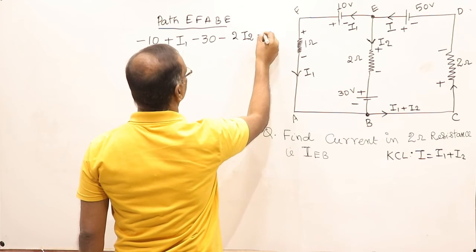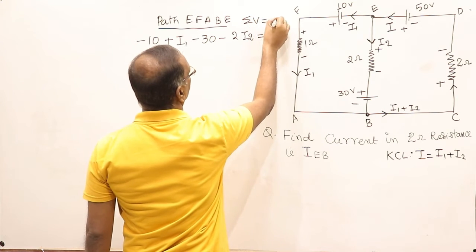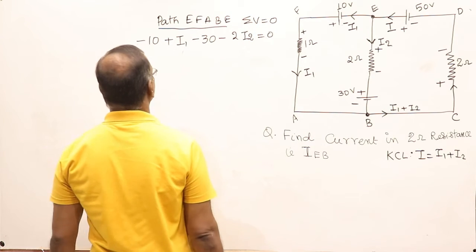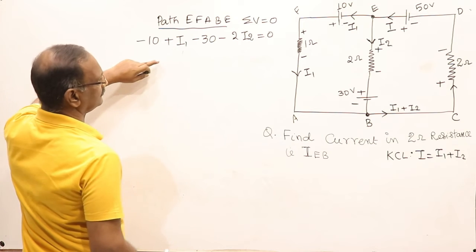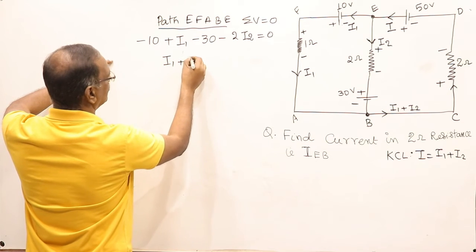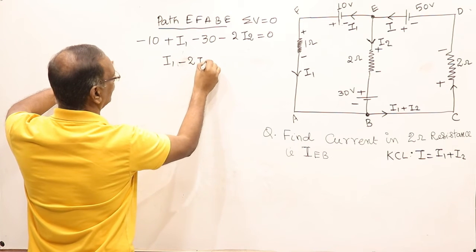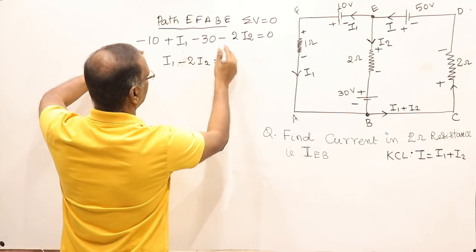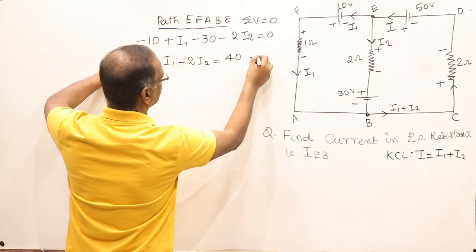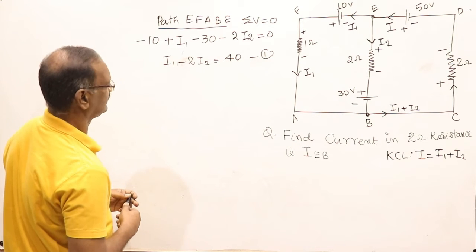The sum is equal to 0, that is the potential across the closed circuit is equal to 0. So it means I1 minus 2I2 is equal to 40 plus 40. This is the first equation. I1 minus 2I2 is equal to 40, first equation.